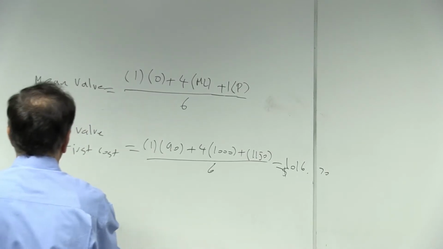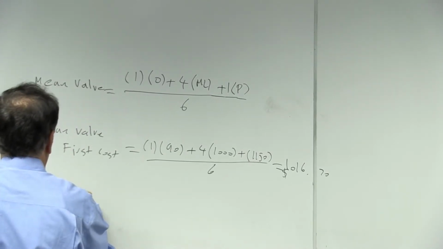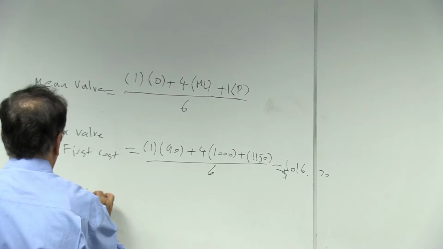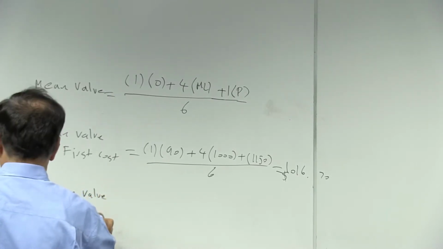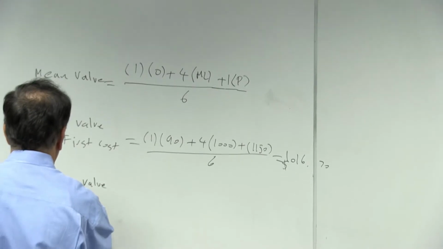I'm going to do the same thing for other information. The next one is the mean value for income.